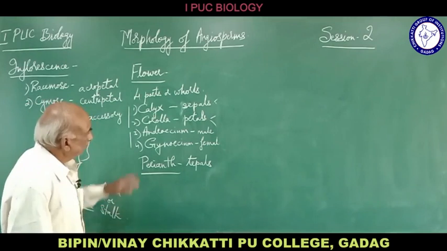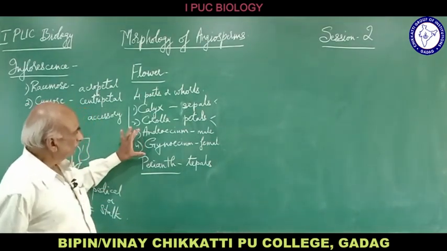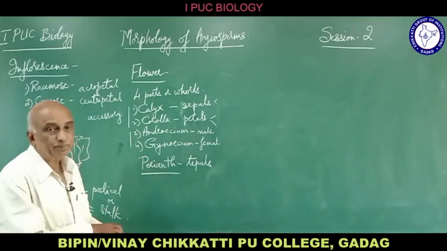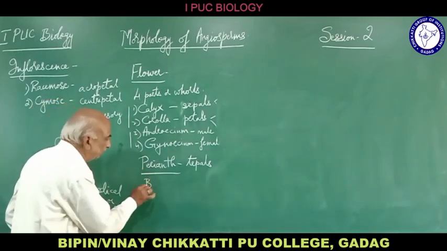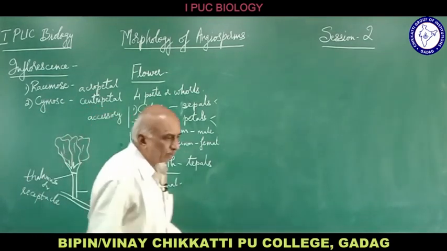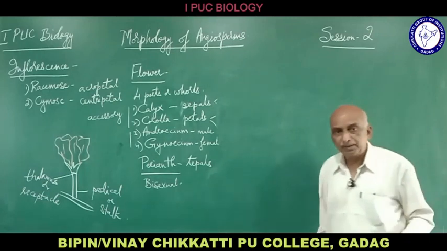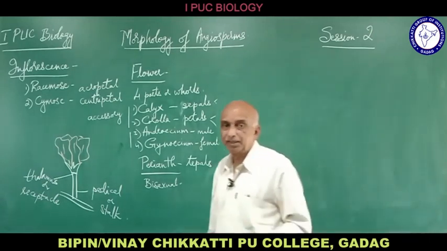flower. Now androecium and gynoecium, male and female, when both reproductive organs are present, we call that flower a bisexual flower. So the word bisexual, in case of animals, we refer to as hermaphrodites.